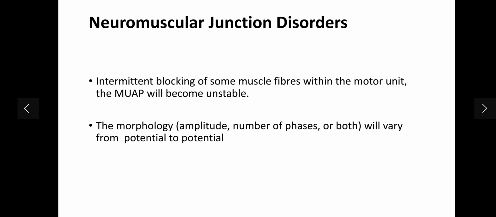So the morphology of the motor unit will change between different motor units. And this is what we explained earlier. You can see it's the same motor unit because the initial part is very similar, but the last negative deflection sometimes disappears because of blocking.